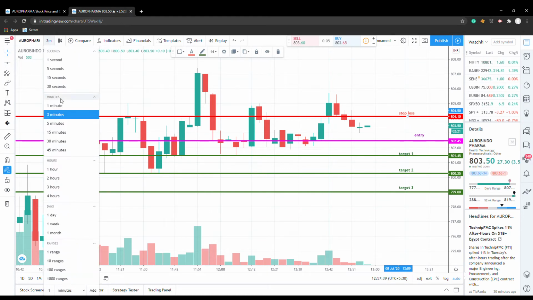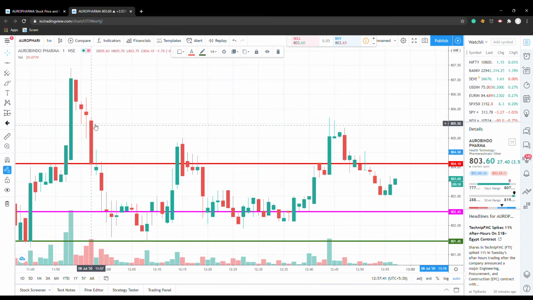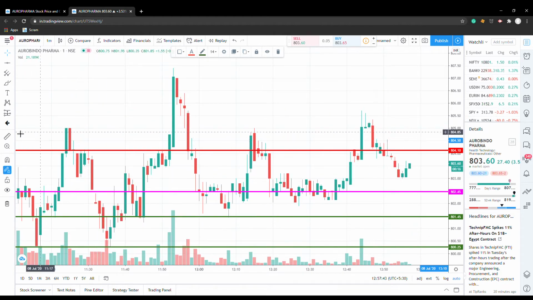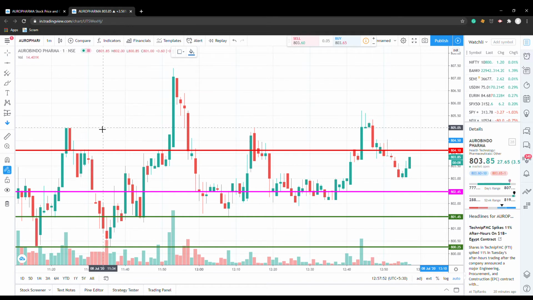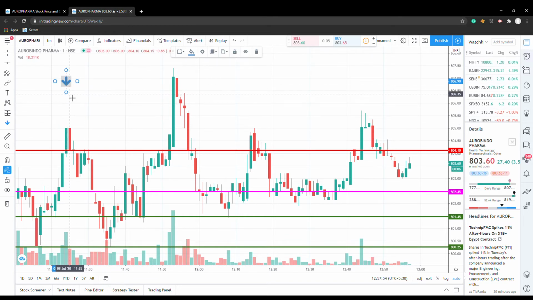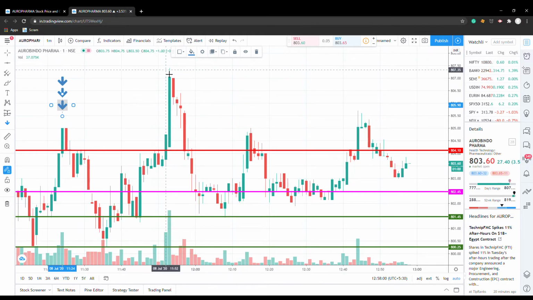Now, if you look really closely, can you see this one? Yes, can you see the head and shoulder pattern? Let me label it for you. So this is the shoulder. What happened is that it resembles our head and shoulders.